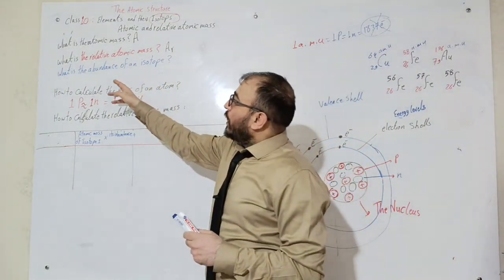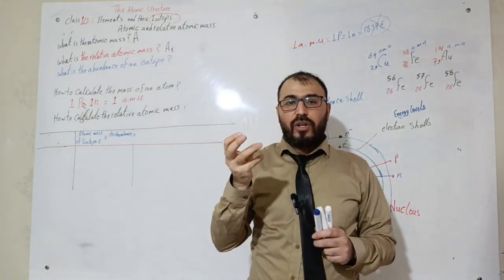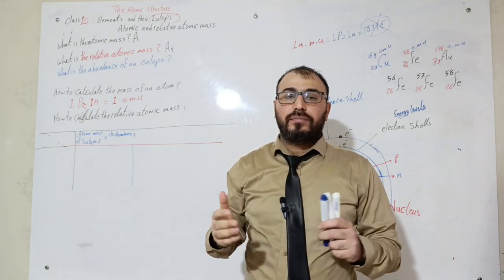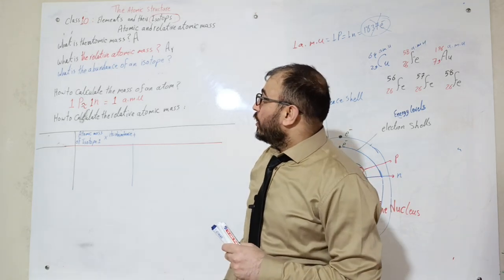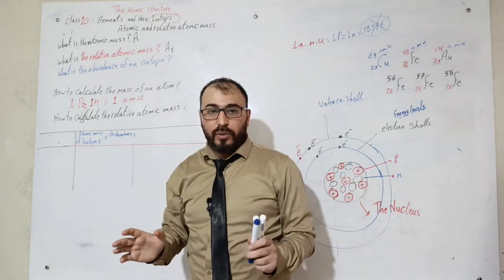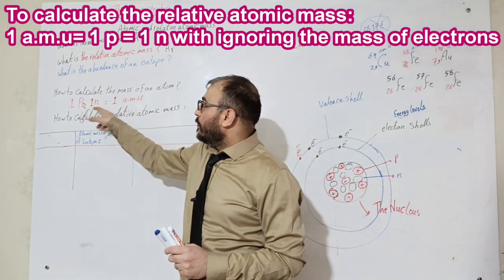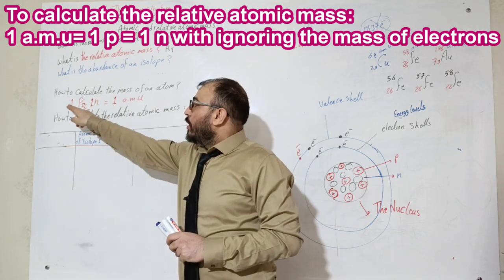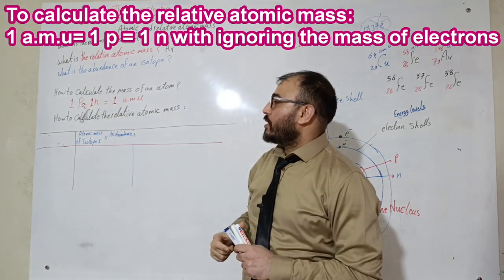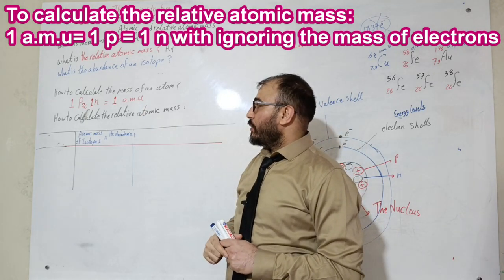So the abundance of an isotope is the percentage of this isotope inside the element. Now, as we know how to calculate the relative atomic mass, of course, we depend on the same unit of measurement, which is AMU. One proton is nearly equal to one neutron, which is equal to 1 AMU.